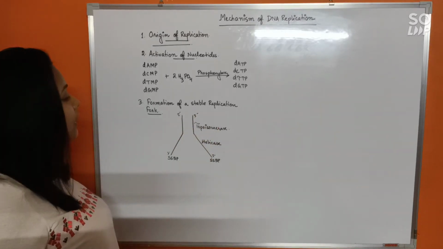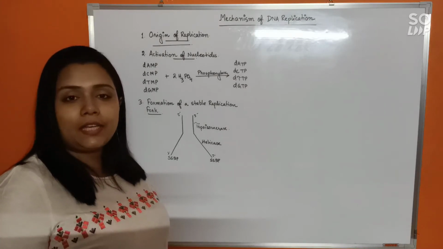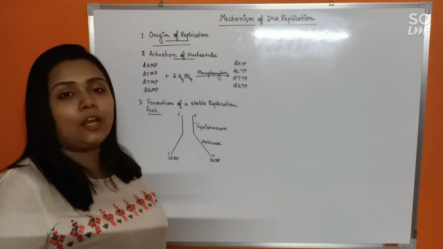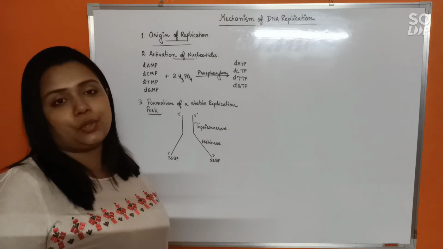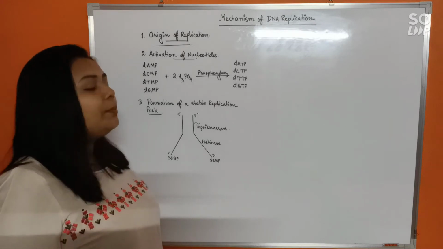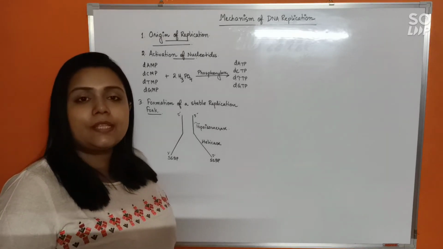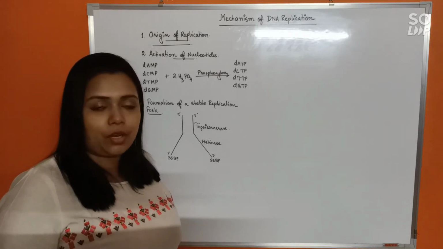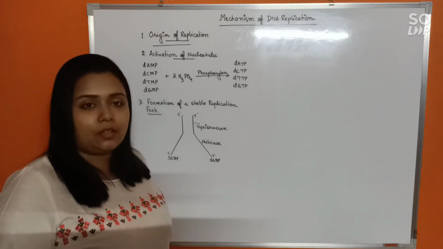Now that the stable replication fork has been developed, finally the DNA polymerase enzyme will start chain elongation. That means daughter strands will start to get synthesized. But the problem is that DNA-dependent DNA polymerase can only function in one polarity, that is 5' to 3' direction, and also it cannot initiate the chain synthesis.